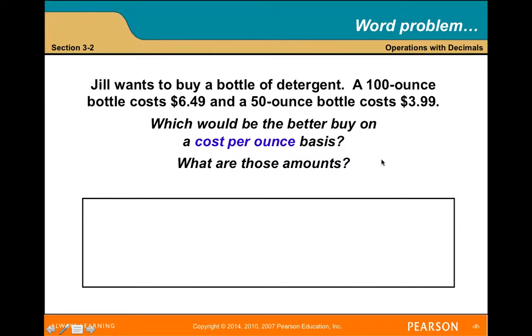What are those amounts? So this is actually pretty funny that we get a problem like that, because in terms of buying, I buy like this. Let's say orange juice, for example, it'll normally tell you on the bottle how many ounces of fluid are in the container.